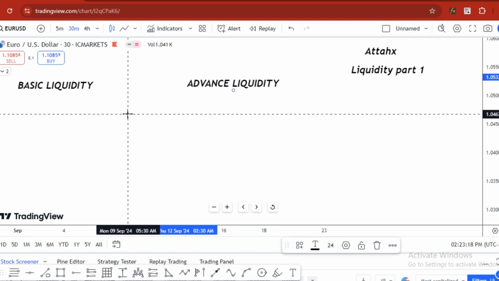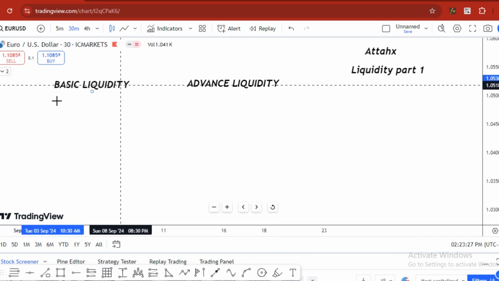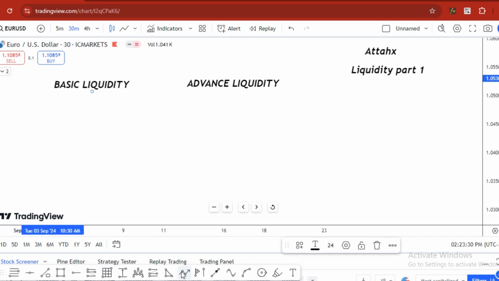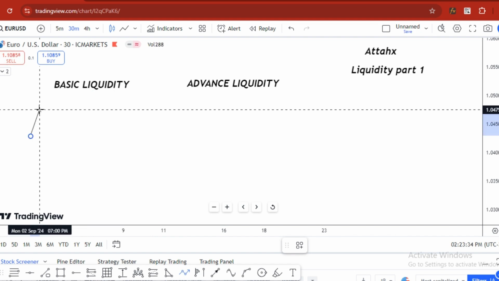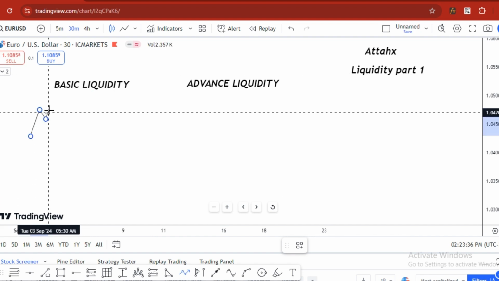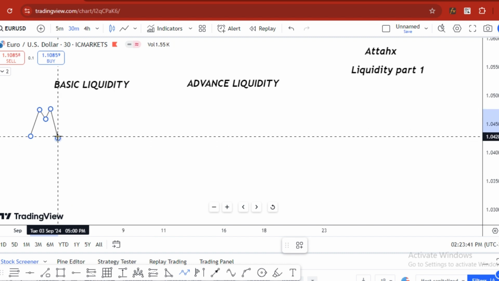Yeah, so I'm going to break everything down for you guys. Now, we have basic liquidity, which some of you guys know, which is an example of, like, we have the double top, which many of you guys know.